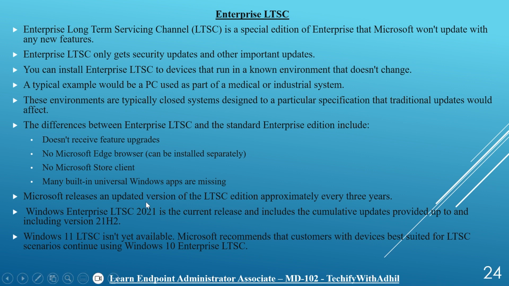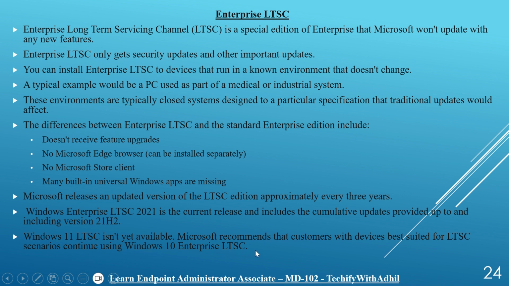Microsoft releases an updated version of LTSC edition approximately every 3 years. So Windows Enterprise LTSC 2021 is the current release and includes the cumulative updates provided up to and including version 21H2. So Windows 11 LTSC isn't yet available. Microsoft recommends that customers with devices best suited for LTSC scenarios continue using Windows 10 Enterprise LTSC.